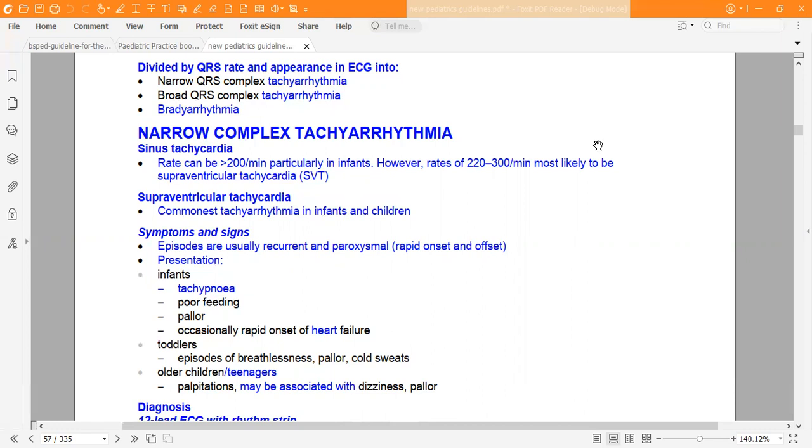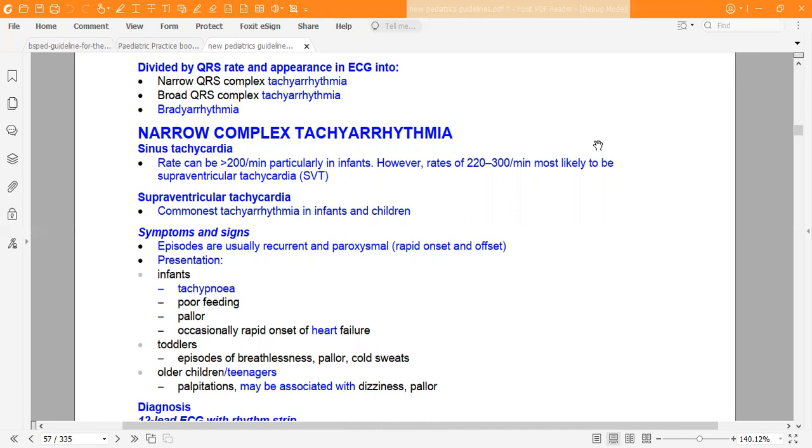So sinus tachycardia can present at a rate of more than 200 per minute, but you may get some cases with 220 up to 300. So this is going to be most likely SVT.